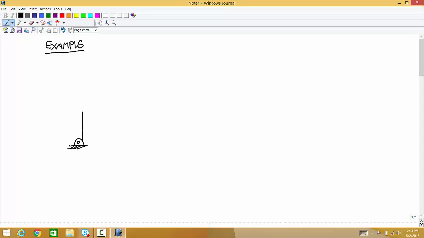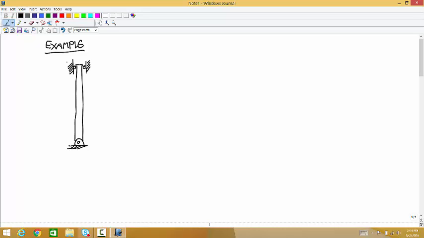So it's pinned at the bottom. It's pinned at the top, which you can think of as pinned at the top just means that it's constrained to move vertically at the top.